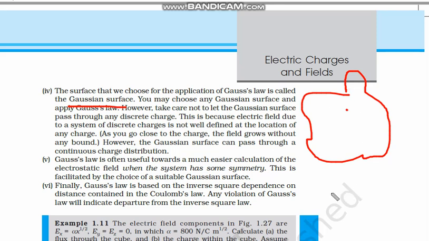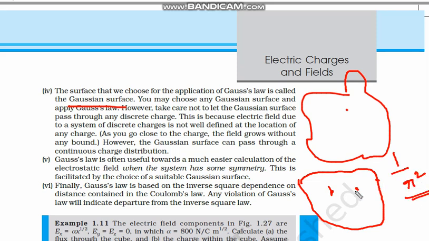That means if there are charges, this is charge 1, this is charge 2, this is charge 3, the Gaussian surface must not pass through these discrete charges. Why? Because as you know, if we simply take this point on the Gaussian surface, the field would go as 1 by r square.